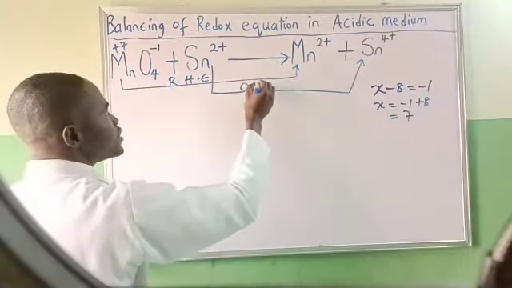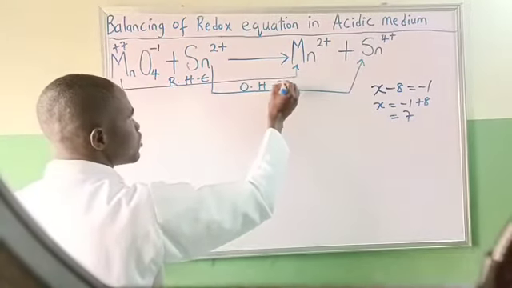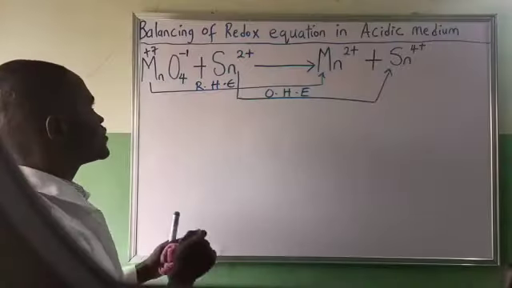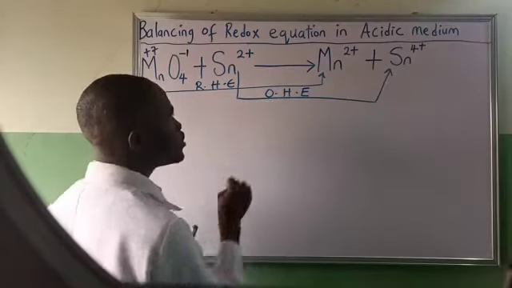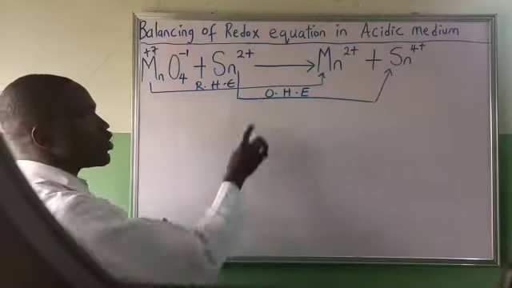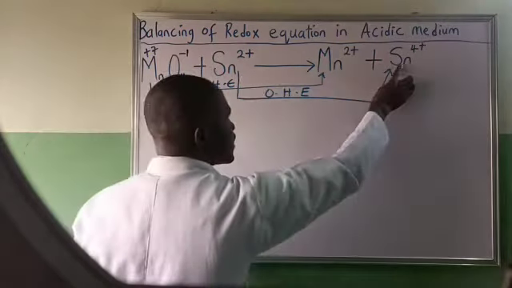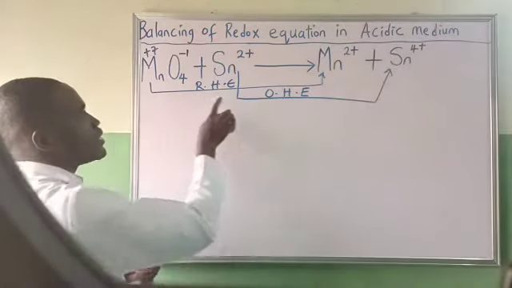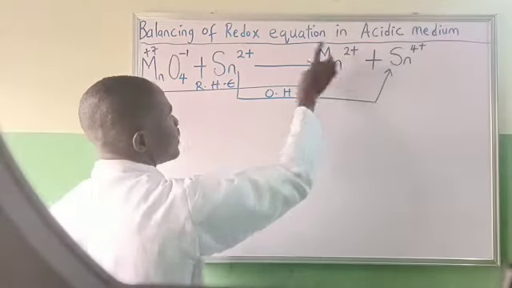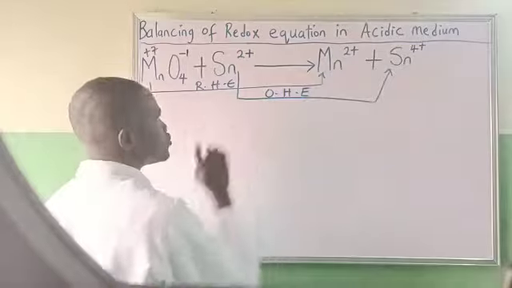This is the oxidation half equation. Yes, we have succeeded in identifying our reduction half equation and oxidation half equation using the principle that oxidation means increase in oxidation number or valency, and reduction means decrease in oxidation number or valency. Here plus 7, here now plus 2.